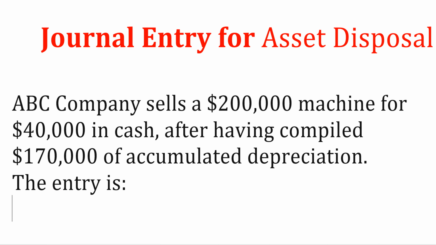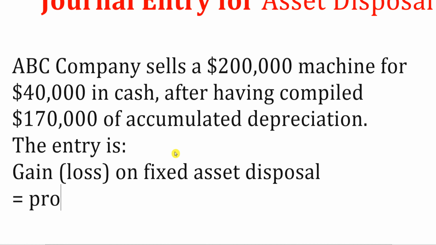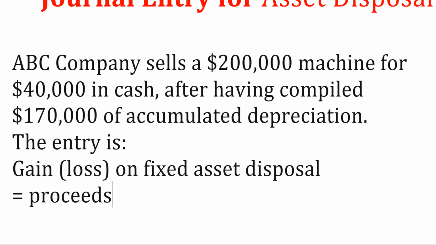The first thing we need to do is calculate the gain or loss on fixed asset disposal. It equals the proceeds, meaning the amount that we get from our customer or from the buyer, minus the net book value.